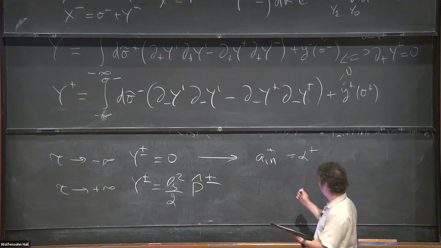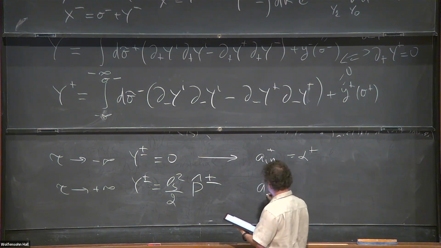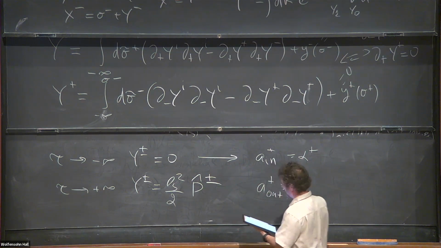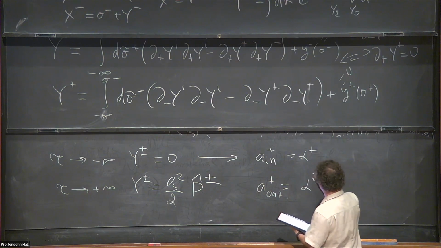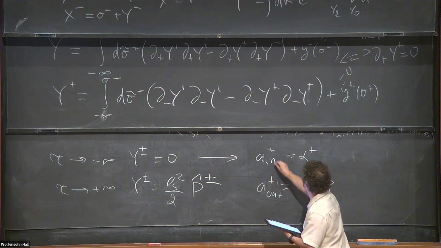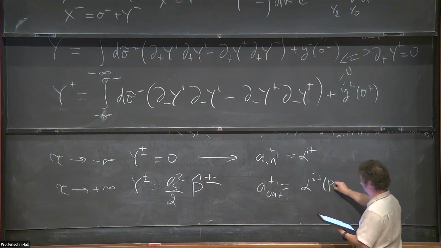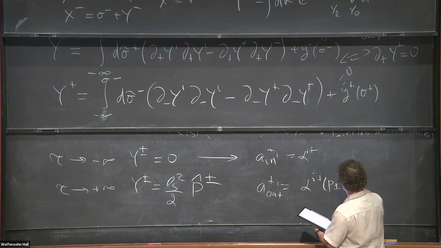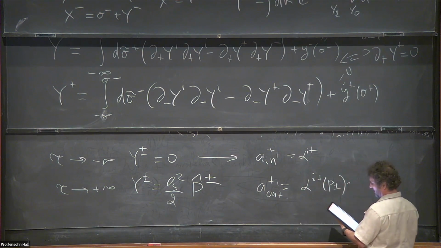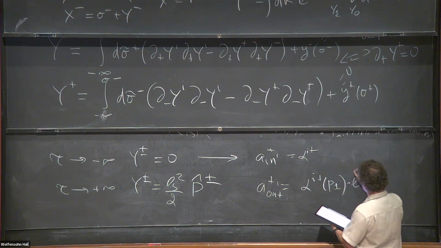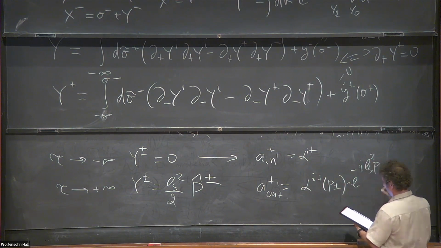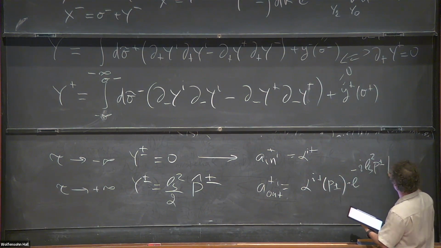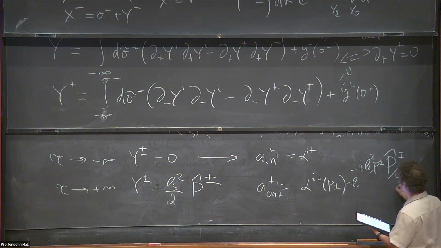And in the asymptotic future, instead, I find that they differ. They are related by e to the minus i l squared p plus minus times p minus plus over 4.